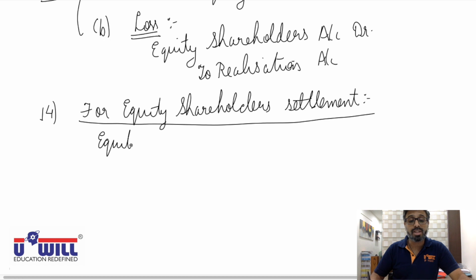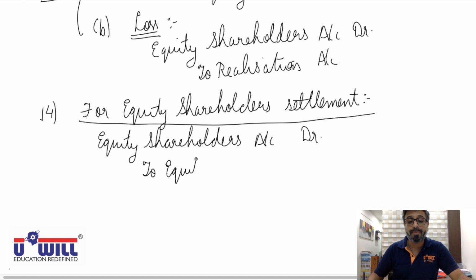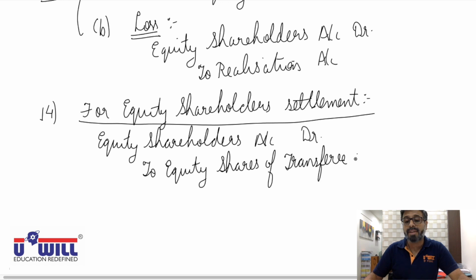So equity shareholders are the receiver, debit the receiver, equity shareholders account debit. We will give them the equity shares, so equity shares go out, credit what goes out, equity shares of transferee company account. And if you give them cash, then cash goes out, credit cash or bank account.